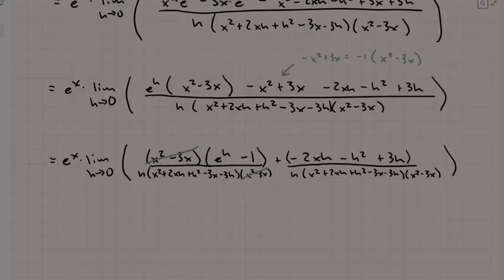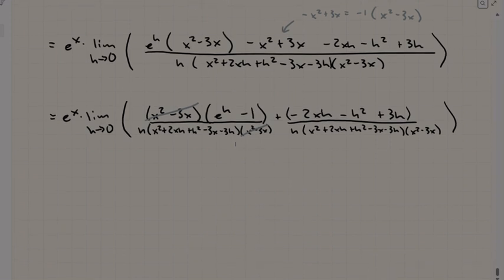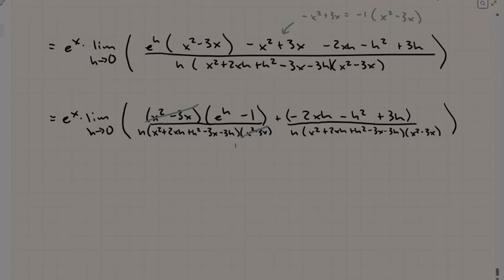And these two terms, we're going to want to write them as two separate limit expressions. And so first of all, we're going to have e to the x times the limit as h goes to 0.